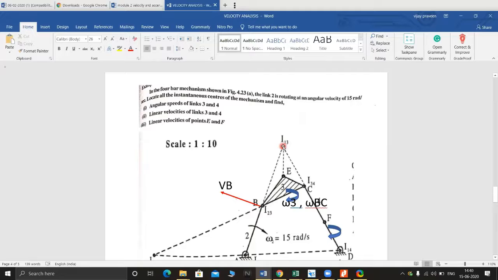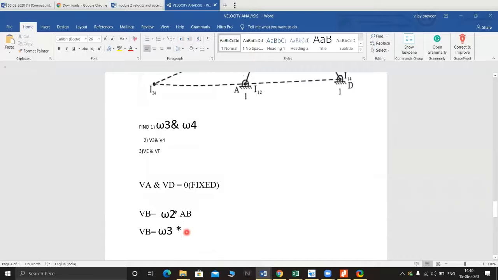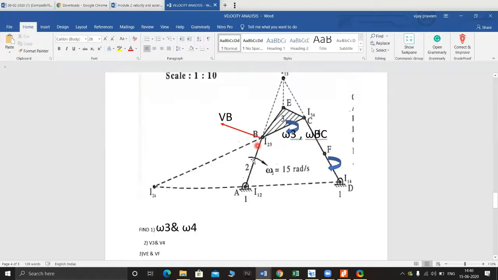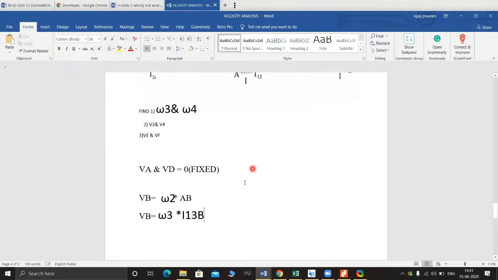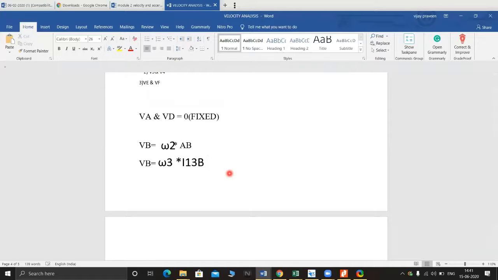I13, sir. I13 into B. VB with respect to link number 2 means VB is equal to omega 2 into AB, and with respect to link number 3 means VB is equal to omega 3 into I13B. So that is one. Let us call this equation number 1.